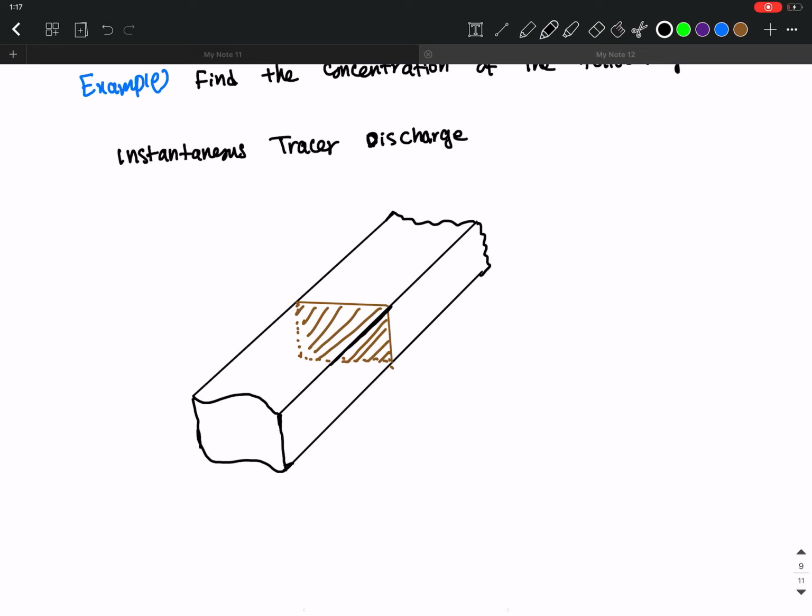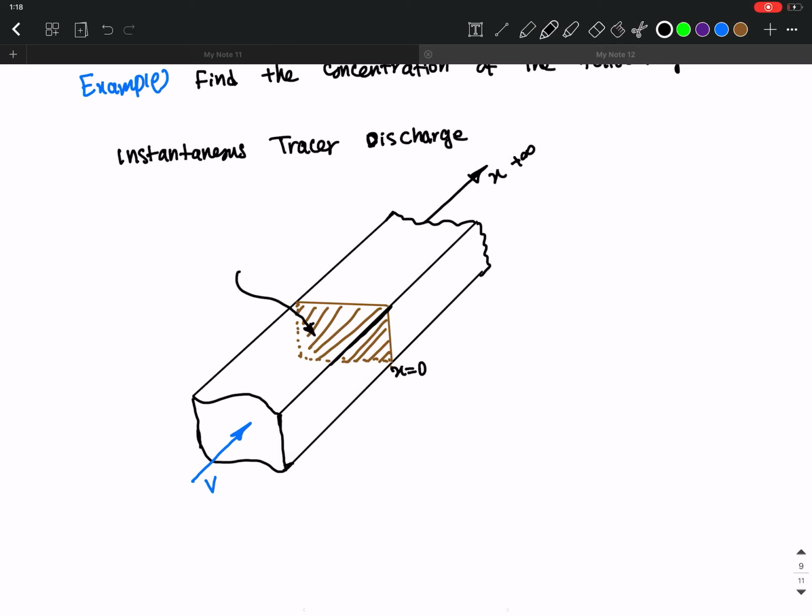Okay, so this is going to be x equals 0, and this axis represents x, goes to infinity. In addition to that, we have advection. So we have a fluid, for example, that is moving here with speed v, and the tracer is released here.